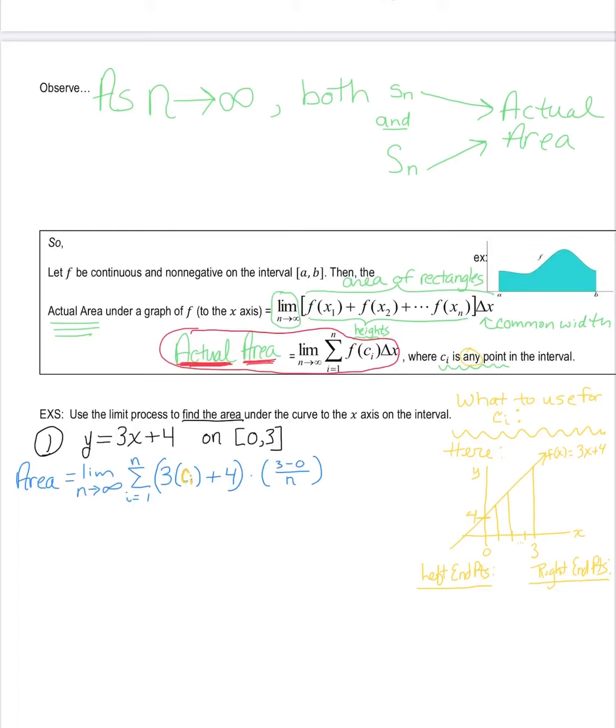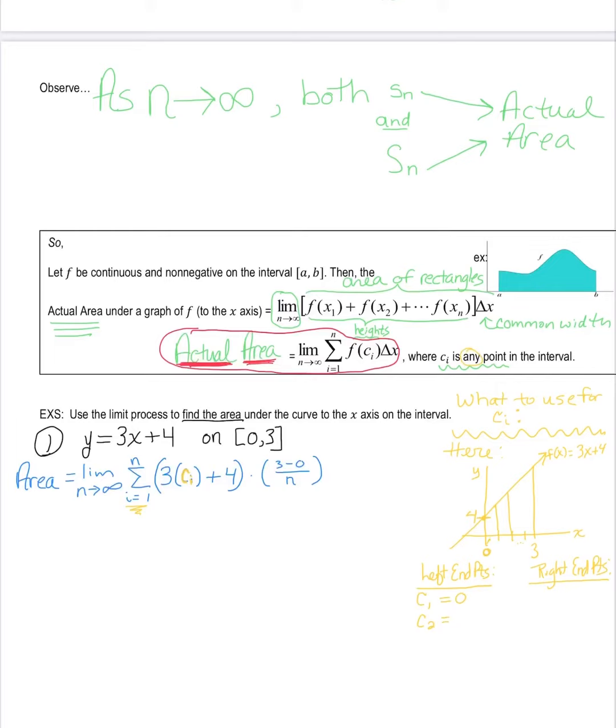All right, if I start with left endpoints, that means in the case of the first c sub 1, because the lower index of the sum starts at 1, c sub 1 would have to be this 0 right here, because it would be the left endpoint. So c sub 1 would have to be 0. Then for c sub 2, the second rectangle, we would have to go in a width of 1 delta x.